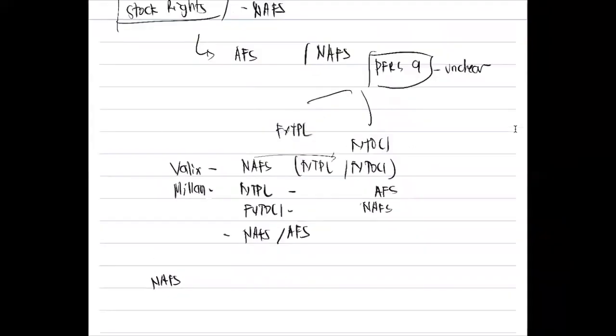So in this not accounted for separately, why? Because in accounted for separately, what we do is we separate. So we have here the cost of investment. That cost of investment will be separated for the investment in the equity security, the actual investment, and the investment in stock rights. So hahatiin mo yung cost of investment.